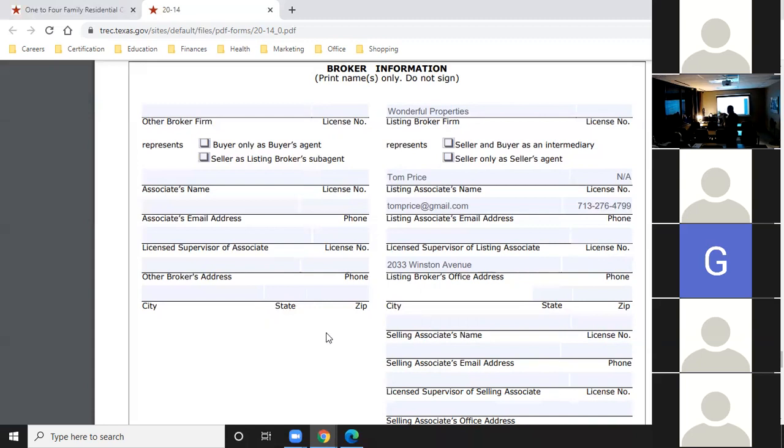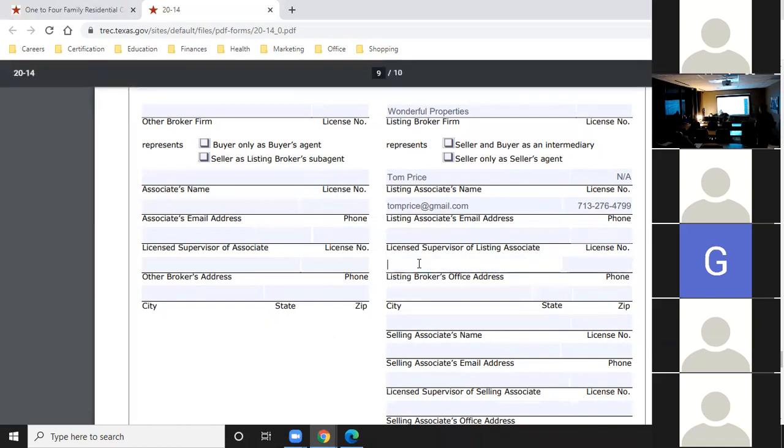The Wonderful Properties is 1213 Selmore Street. The one that says I Sell More Properties is the Winston Avenue. So Mr. Keith, do you agree with that change? Yes, I agree with that. Okay, so we need to make that change. Thank you, Miss Leela. Sorry about that.